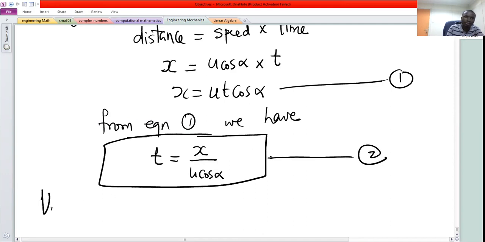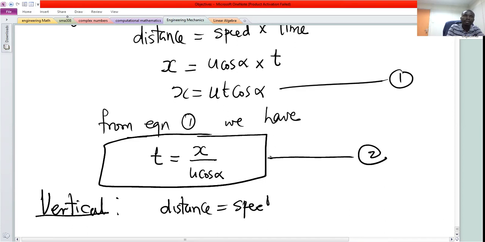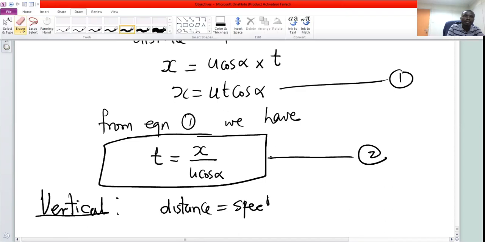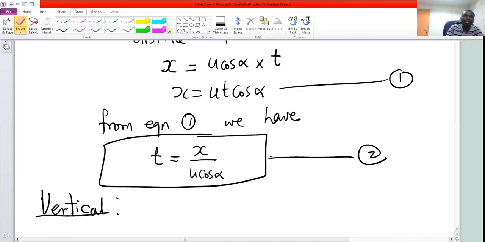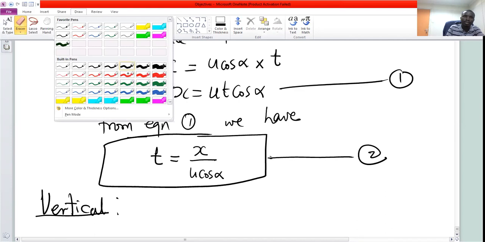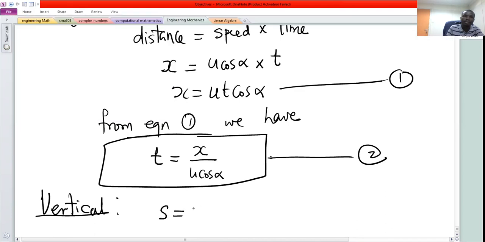Now let's go to the vertical. Vertically, the distance, actually the height, is given by the distance formula from the equations of linear motion, which is ut plus a half at squared.